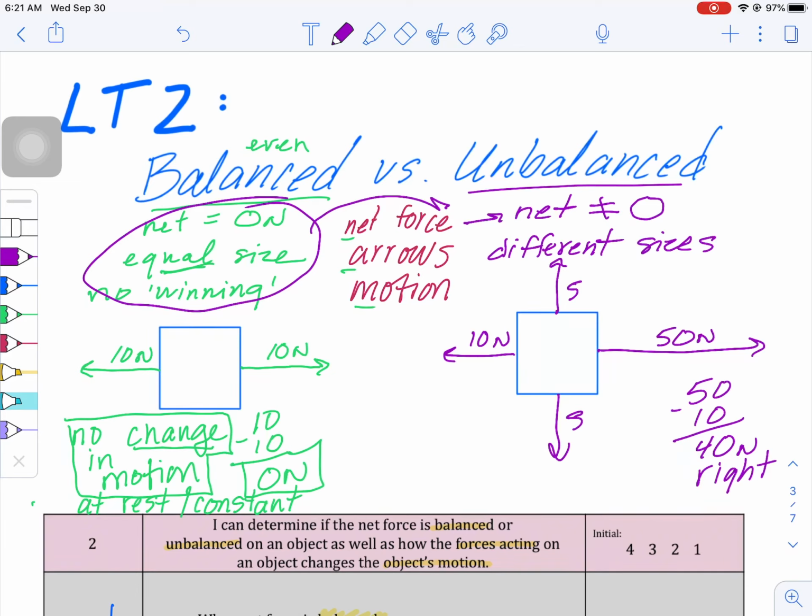That, of course, is letting us know that there is a change in motion to this object. So that's any kind of movement, a speed up, a slow down, a change in direction. Again, because we have that winning force, allowing that object to move in a new direction.